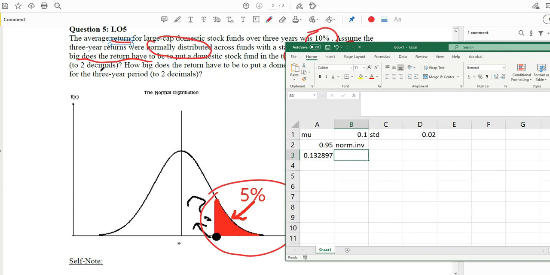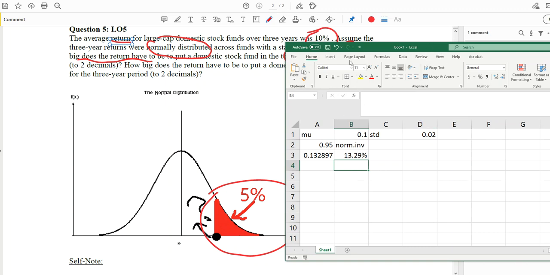How many decimals? 2 decimal places. So that will be 13.29%. So basically, in order to be in the top 5% of the stocks, your return has to be at least 13.29%.